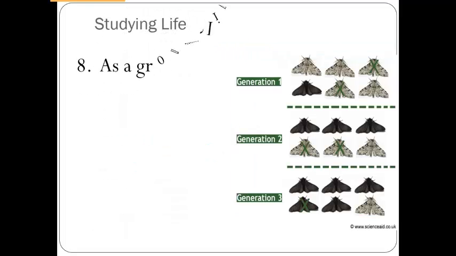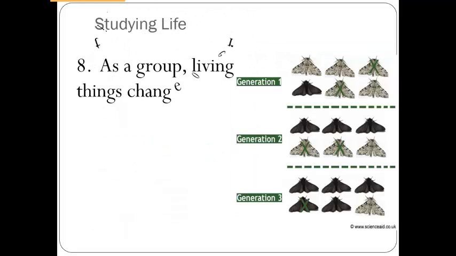And lastly, as a group, as a species, living things change over time. You can see in this generation there was an environmental factor that caused the lighter colored moths to not survive, and over time the darker colored moths actually became more preyed upon.